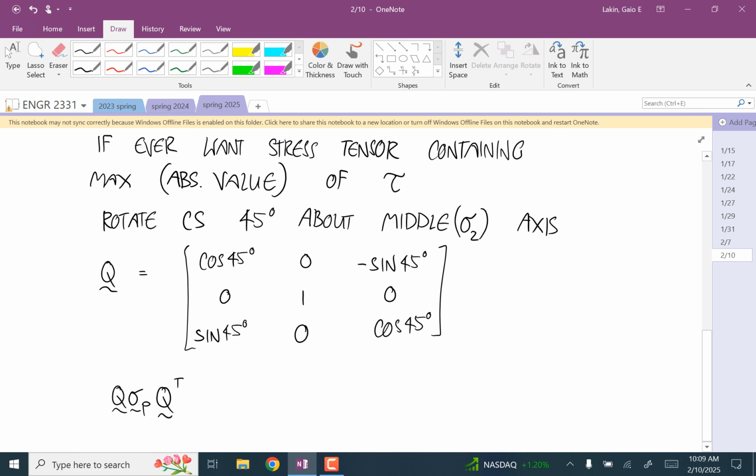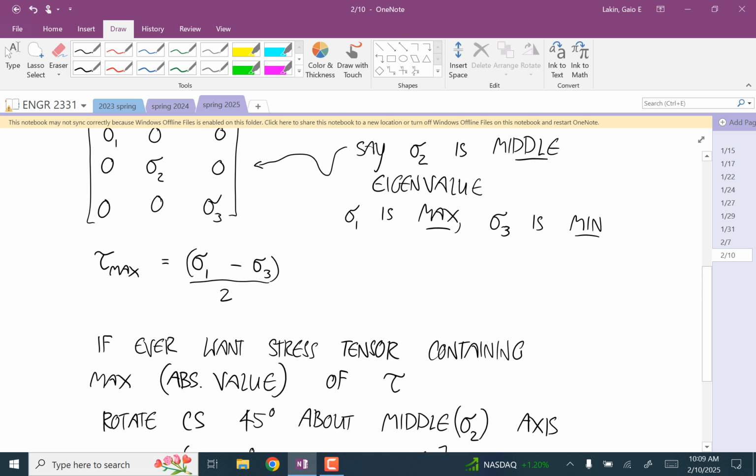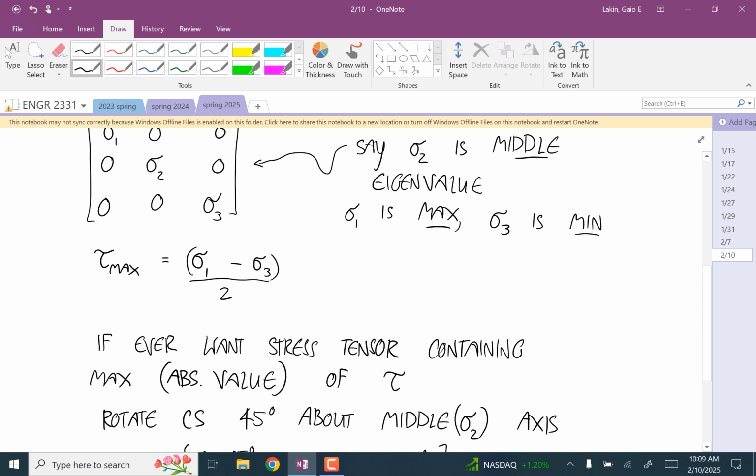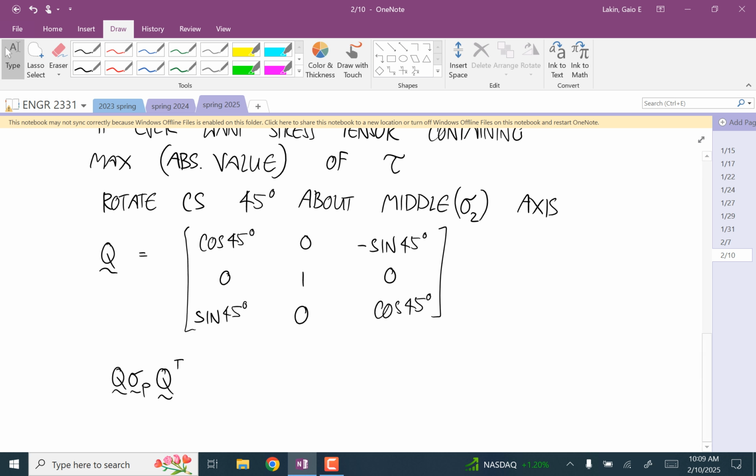And so if you did this calculation and you got a value here of 1.5 megapascals, then doing this calculation from the principal stress tensor would give you a new stress tensor that somewhere has a shear stress of either 1.5 megapascals or negative 1.5 megapascals.